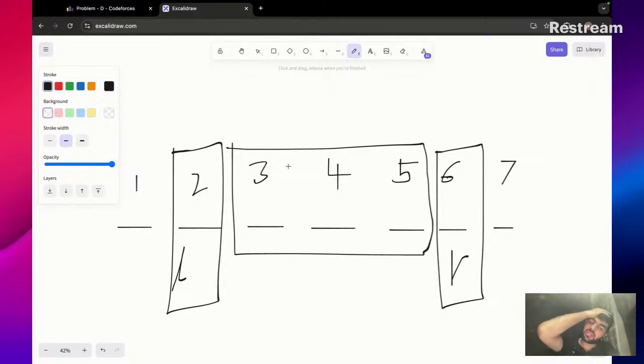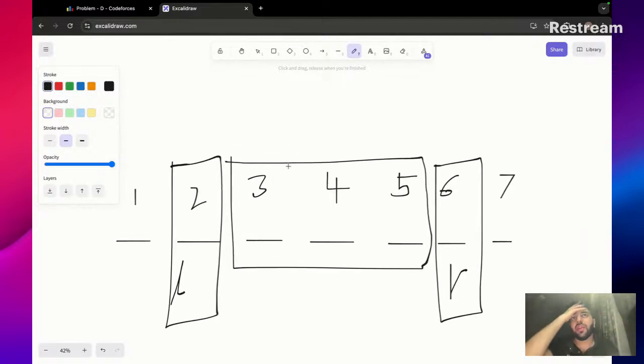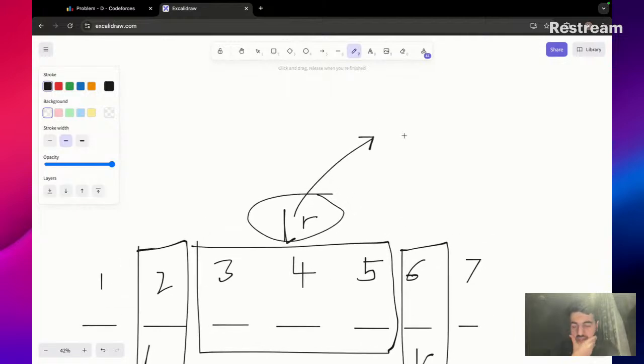You might have implementation errors. The only case that this can be different is if my L and R are both in the same block, then there will be something different. I also considered that, but there is still a wrong answer. Okay, I need to do some magic over there.